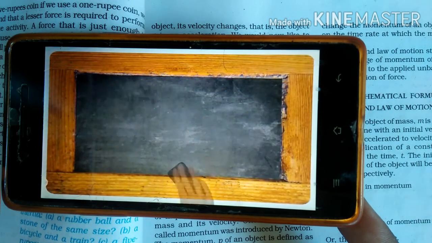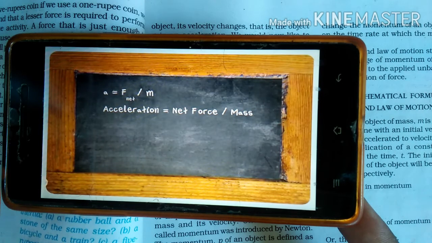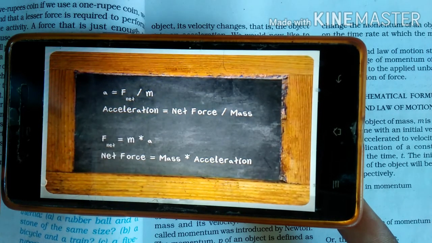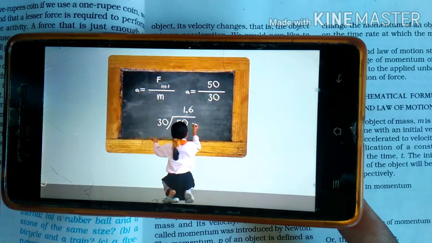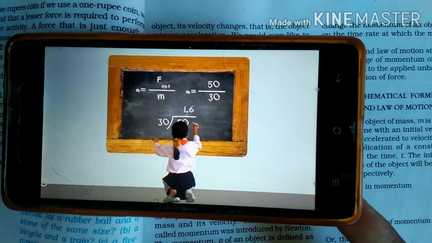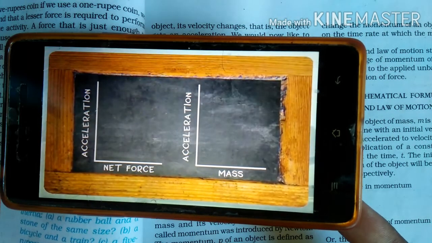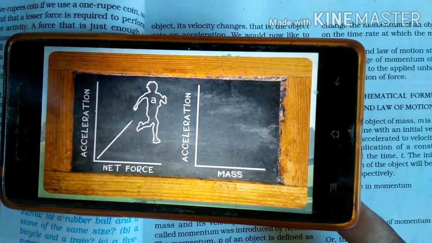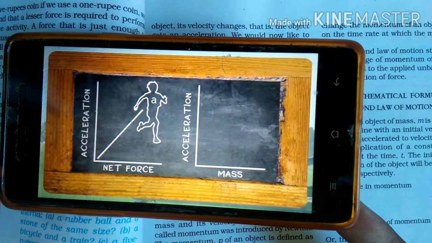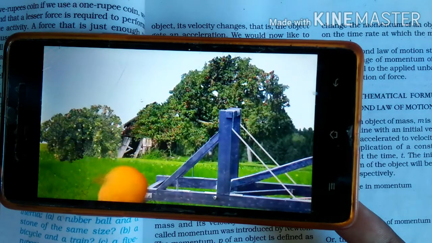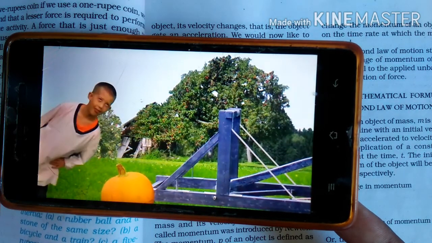It turns into acceleration equals net force divided by mass, or net force equals mass times acceleration. You can use either of these formulas to find the missing variable in algebraic problem solving. In summary, Newton's second law states the acceleration of an object is directly proportional to the net force and inversely proportional to its mass. Now, find out how your little brother got hold of a catapult.